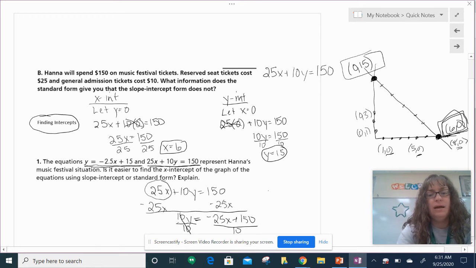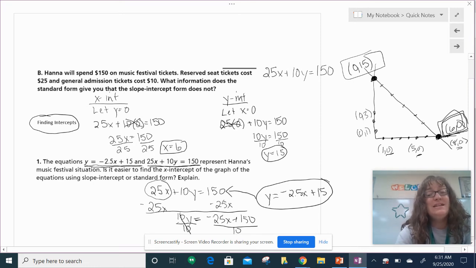So 10 divided by 10 here gives me a y, and then I'm going to divide each portion here by 10. So negative 25 divided by 10 would be negative 2.5x, and 150 divided by 10 gets me that answer of 15. That's how we see that that equation is the same as this equation.